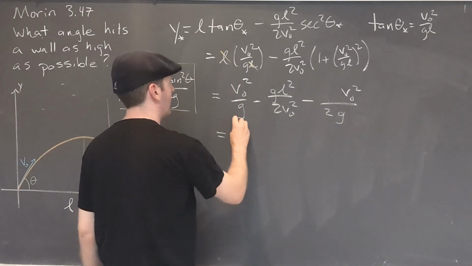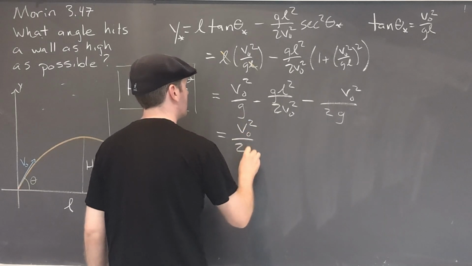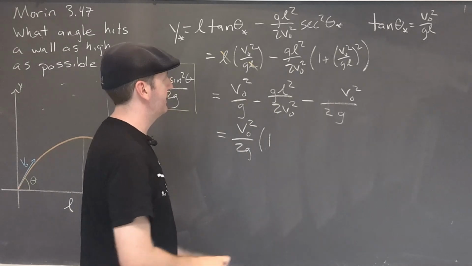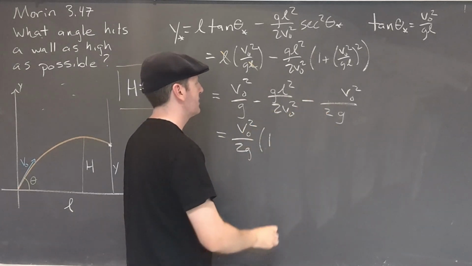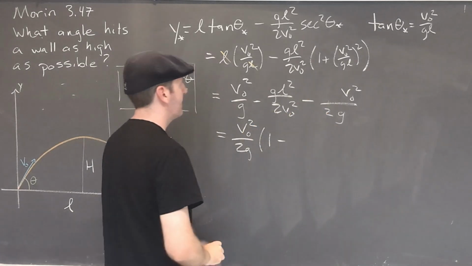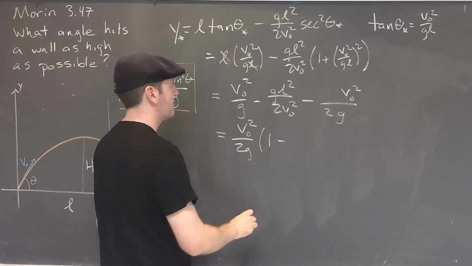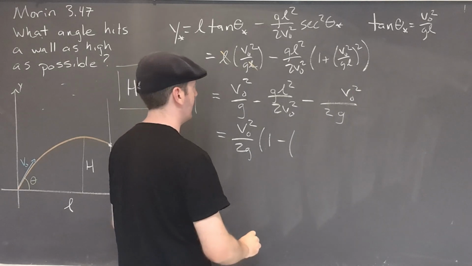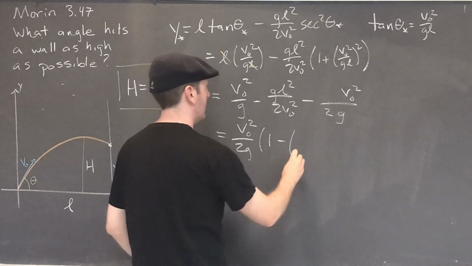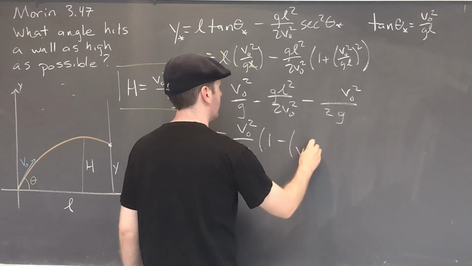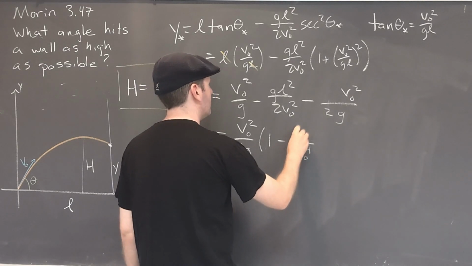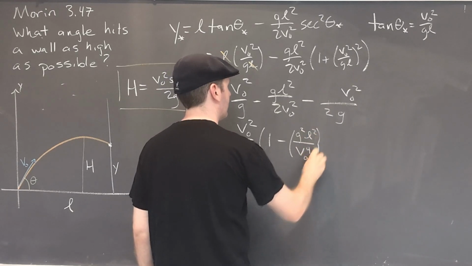And I'll go ahead and pull that whole thing out. So I'll have V naught squared over 2G. There's one of those left from simplifying these outer terms. And then on the inside, pulling out additional terms, what do we have? The 2 already came out. So I'll have V naught to the fourth down here and a G squared L squared.